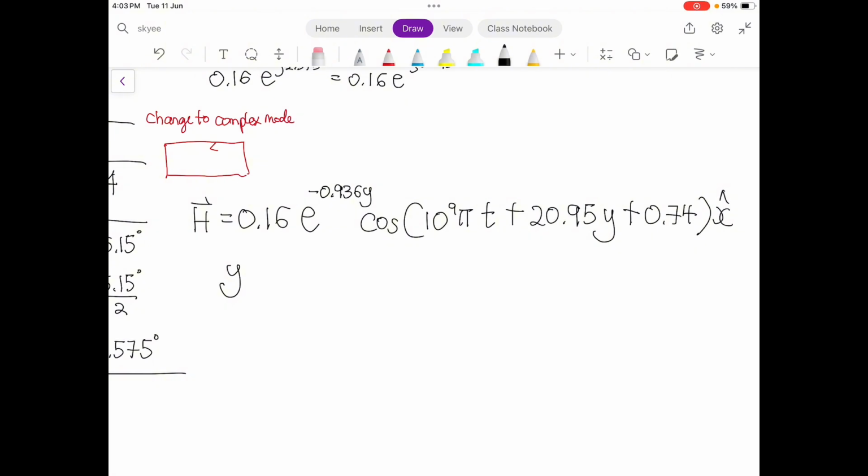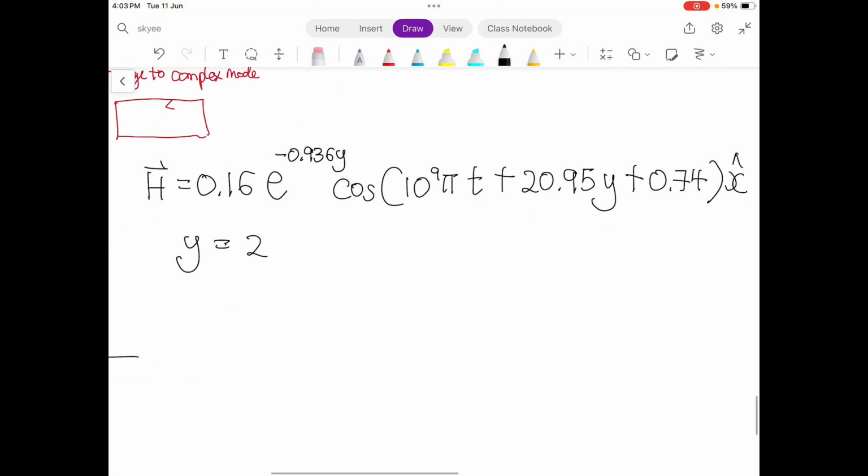So when the y is equals to 2, and the t is equals to 2 nano, now you can replace 0.16 exponents.